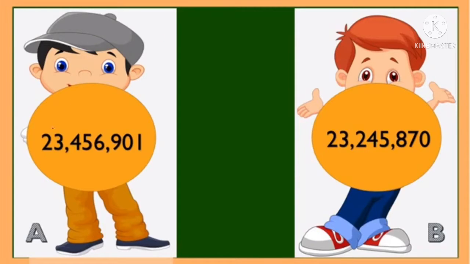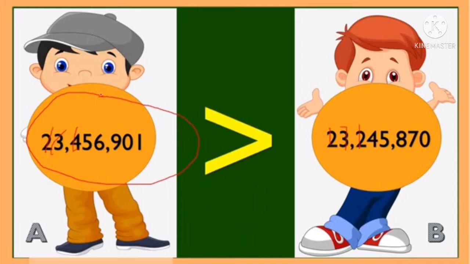Let's check. 2 and 2 are the same. 3 and 3 are the same also. 4 and 2, they're not the same. Which is greater between those two? It's 4. So the left side number will be the greater one. So we will use the greater than symbol.